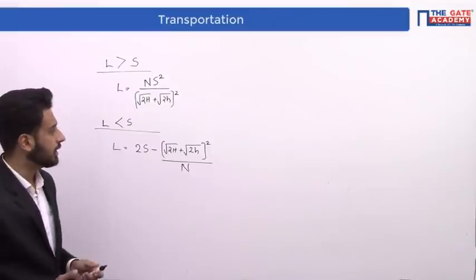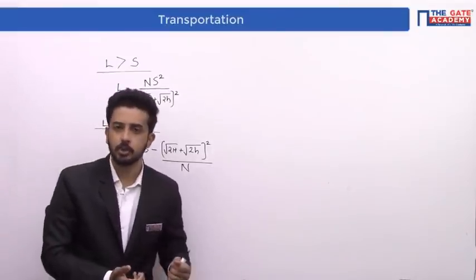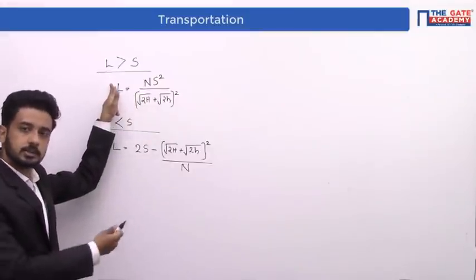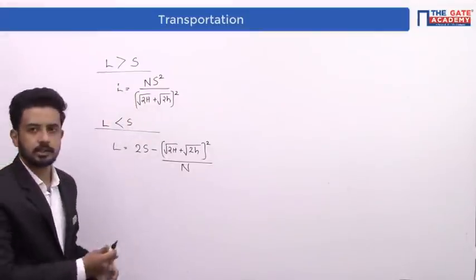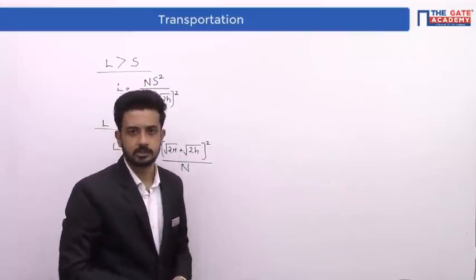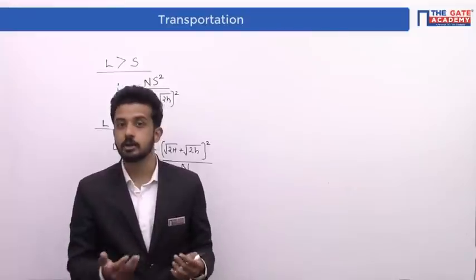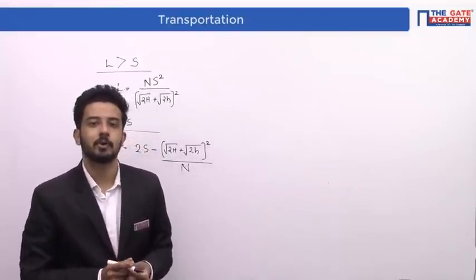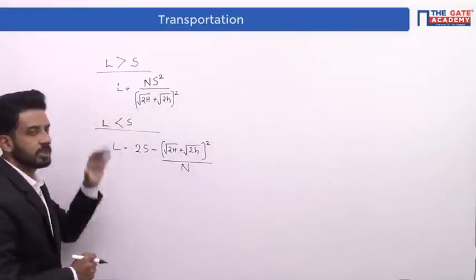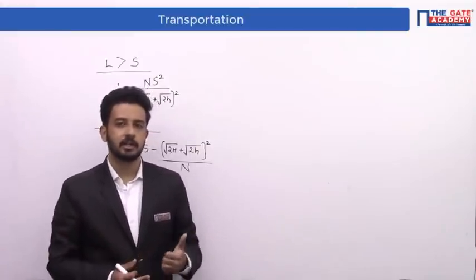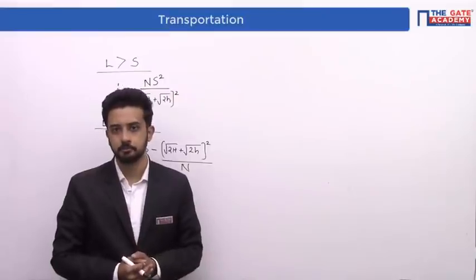Okay? So here they can give you a condition. They will give you that the length is greater than safe distance or length is less than safe distance. So they can give any condition. If they are not giving, by default we have to assume the first criteria and move on. Finally we will check whether our assumption is correct or not. Okay?